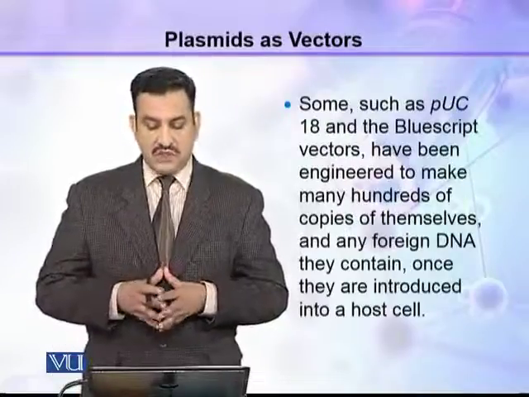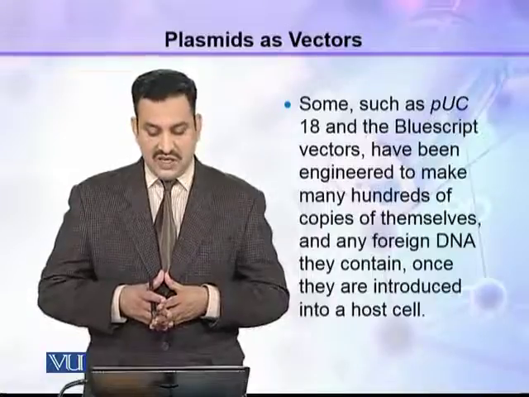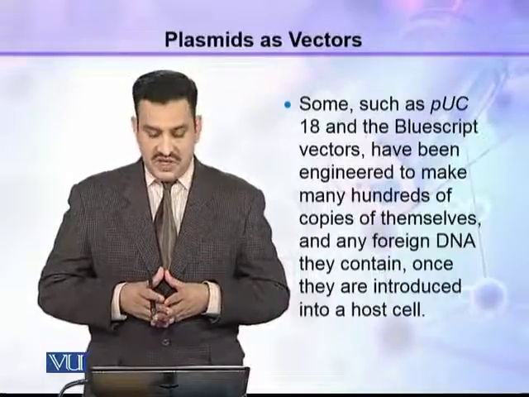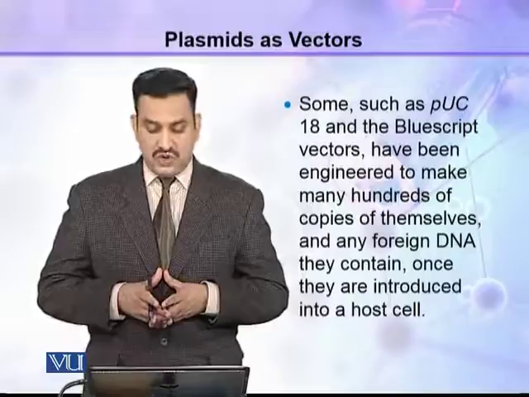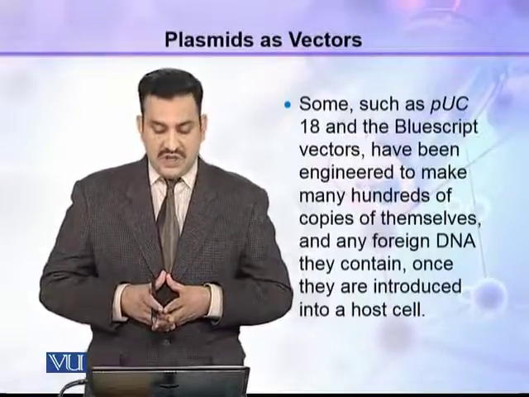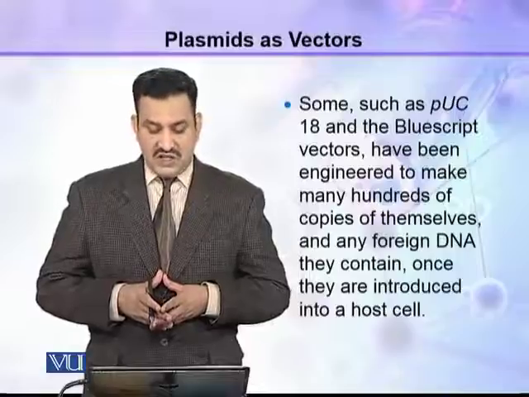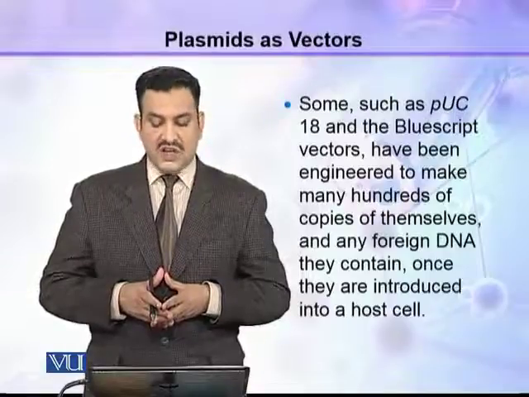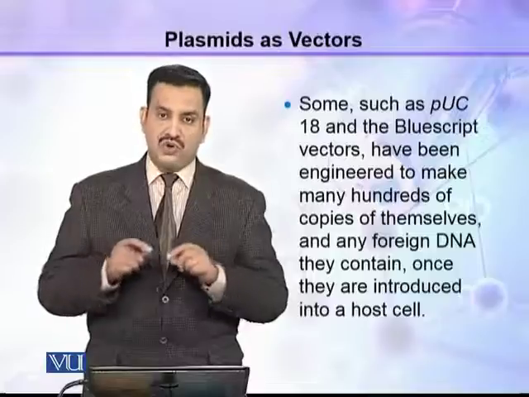Some, such as pUC18 and the Bluescript vectors, have been engineered to make many hundreds of copies of themselves and any foreign DNA they contain once they are introduced into a host cell.